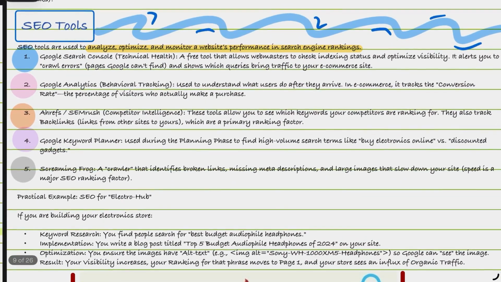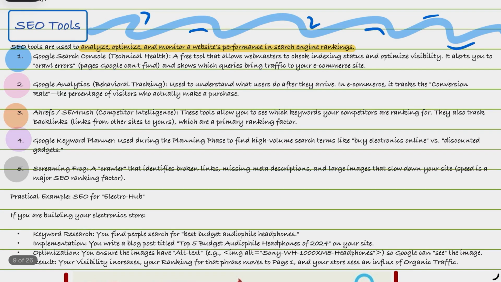Now we'll talk about the SEO tools which are used to analyze, optimize and monitor website performance. How do data analysts manage this day to day? They use a standard suite of specialized tools, right? So make sure to list these specific tools in your exam sheet if you are asked about the SEO toolkit. The very first is Google Search Console.